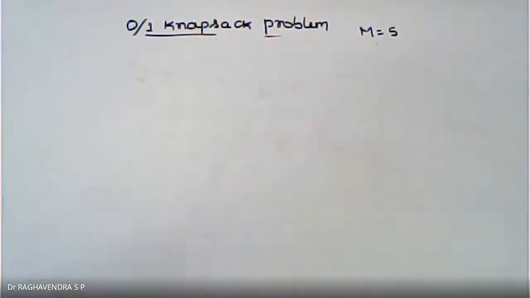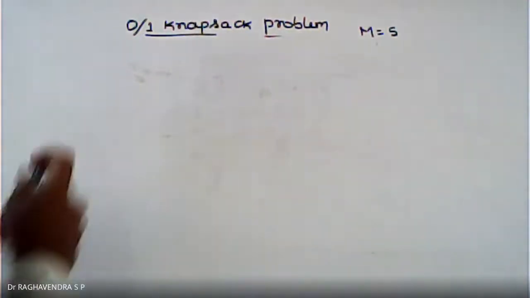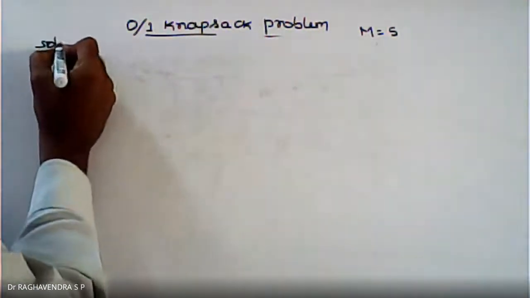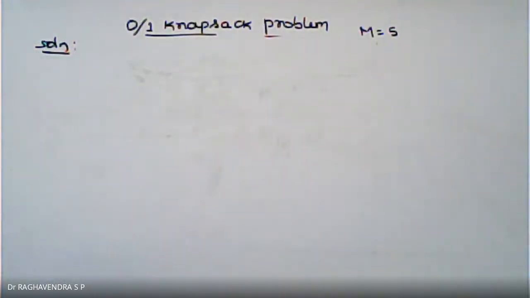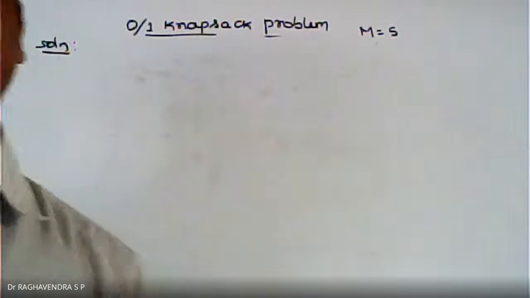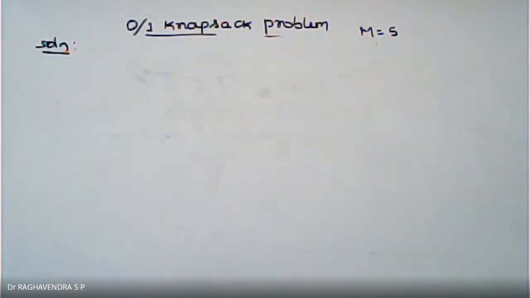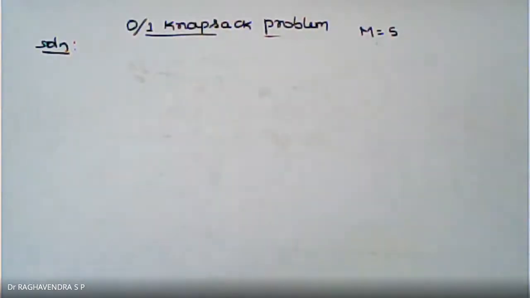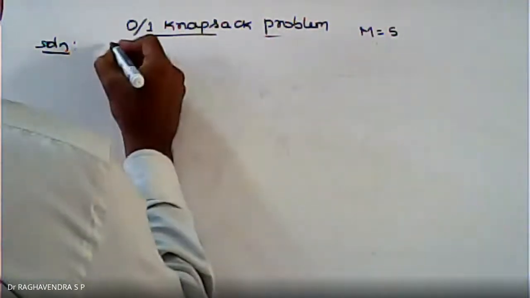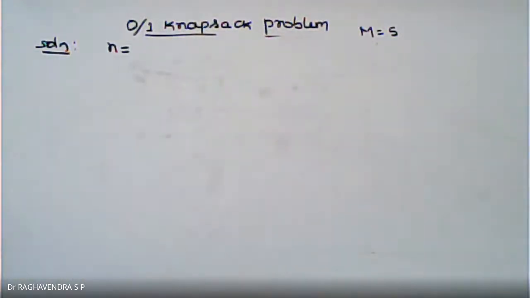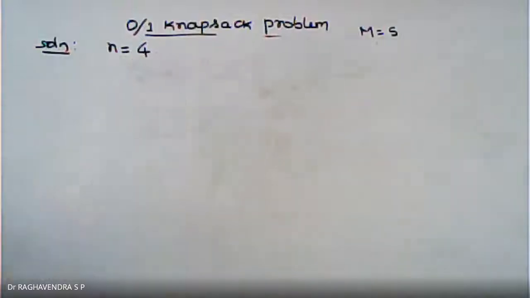Write carefully, keep your concentration and focus here. Below, write Solution. The following data is provided. First one, number of objects: N is equals to 4. Below, write the capacity of the knapsack.